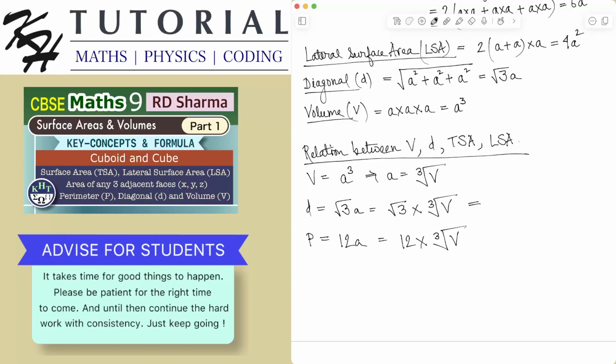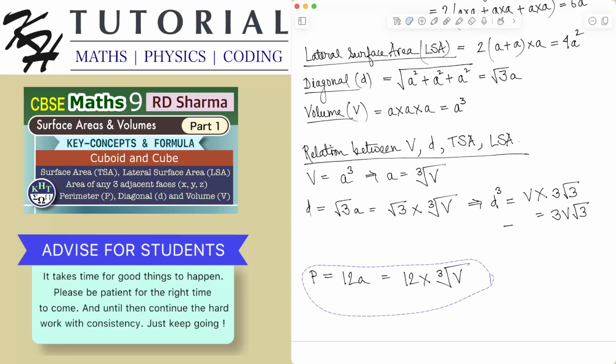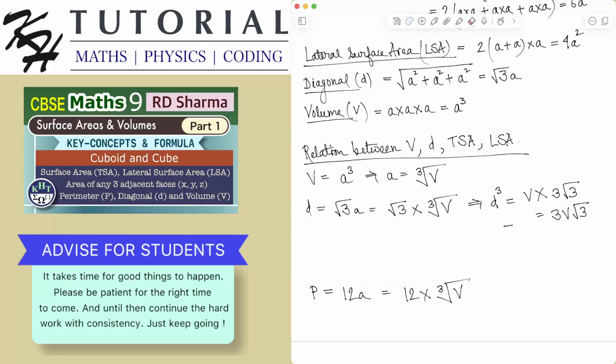From here, if I take cube of both the sides, I will get D cube equal to V multiplied by cube of square root of 3, which is 3 root 3. So I am trying to derive V in terms of D.